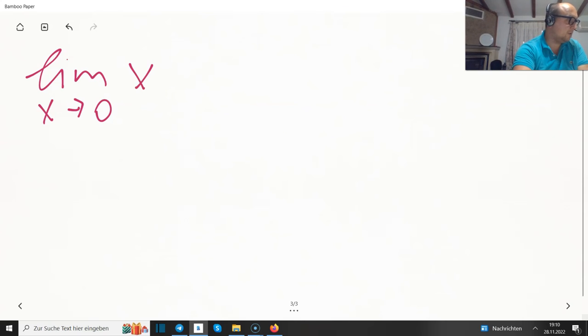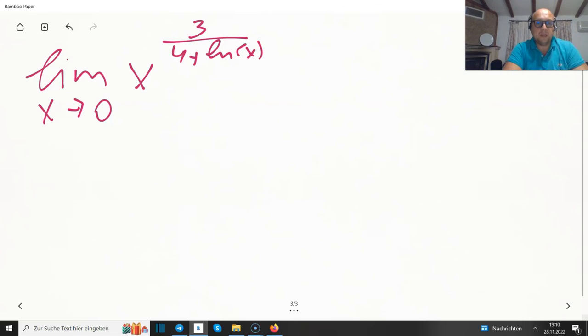This is x to the power of 3 divided by 4 plus ln of x. I'm not sure 3 and 4 have any special meaning here, but well, let's see. So the problem is ln is approaching minus infinity. So we are dividing 3 by huge negative numbers, so this is going to 0. So it's 0 to the power of 0, which should be 1. Let's see whether it's true.